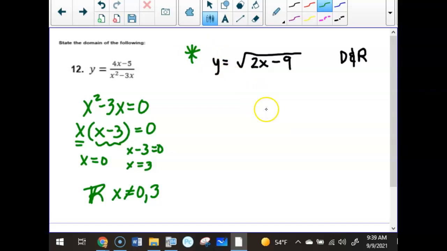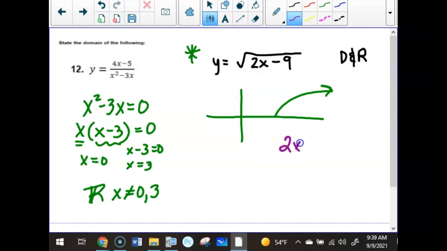Wants the domain and range. Now, you can graph it. I think it's going to look something like this, okay? But it's going to be hard to get an exact value. You have to do some algebra. What do you know when there's a radical? What's underneath the radical has to be, in terms of a domain.